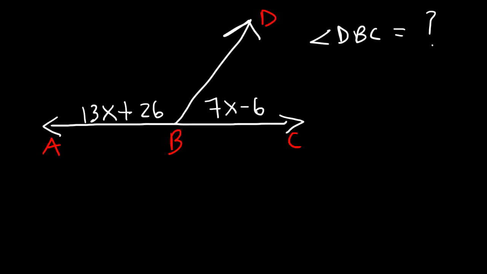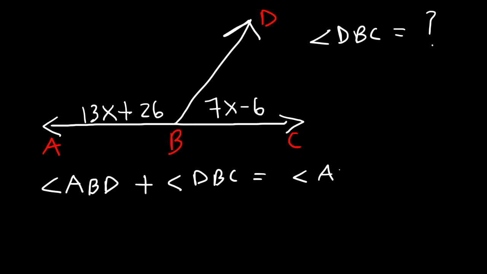So we said ABC is a straight line. That means that it has an angle of 180. So angle ABD plus angle DBC has to add up to angle ABC. ABD and DBC are basically adjacent angles.